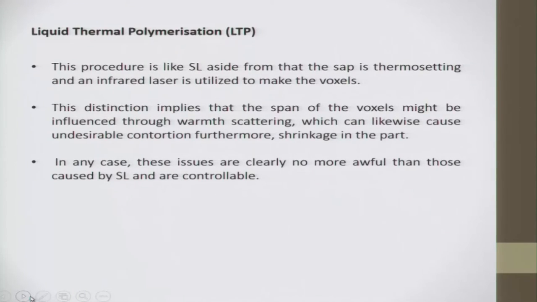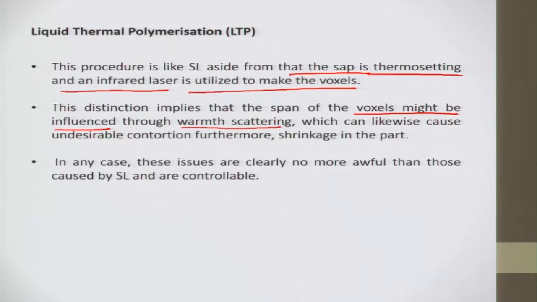Now what is liquid thermal polymerization? This procedure is very much similar to stereolithography. Aside from that, the sap, that is the resin, is thermosetting and an infrared laser is utilized to make the voxels here. So this distinction implies that the span of the voxels might be influenced through warmth scattering because of the laser, which can likewise cause undesirable contortion, furthermore shrinkage in the part.